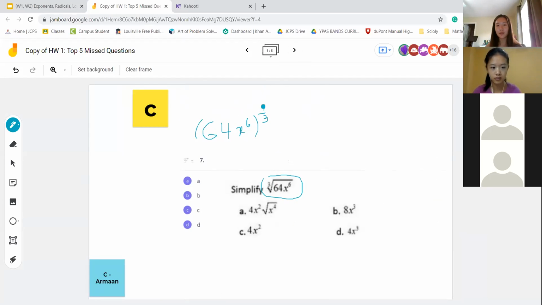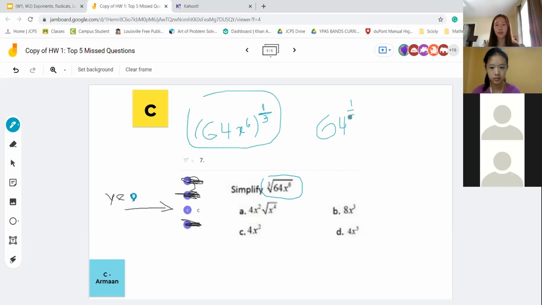That's how fractional exponents work. The power of 1/2 would be the square root, the power of 1/3 is the cube root, and so on. So here, if we rewrite it this way, we can split it up into 64 to the 1/3 power times x to the power 6 to the 1/3 power.